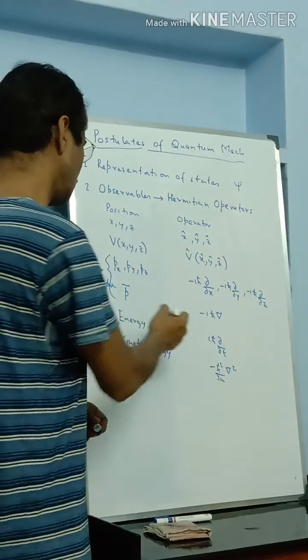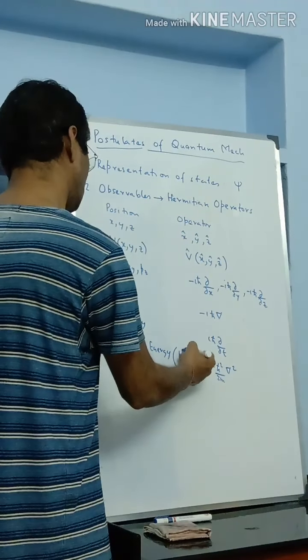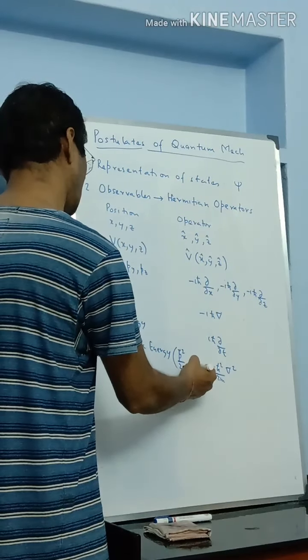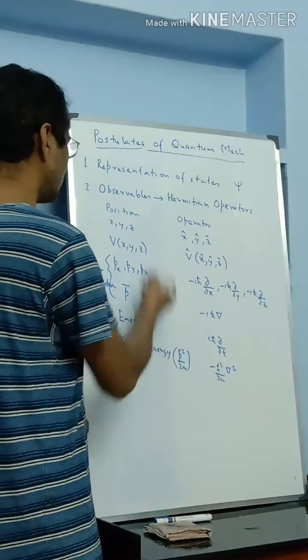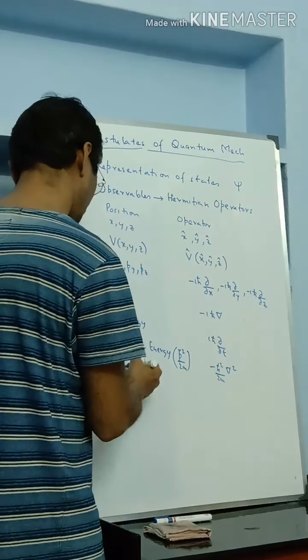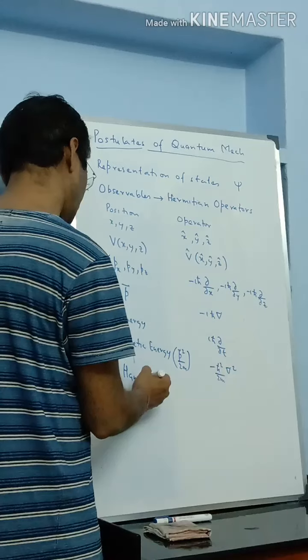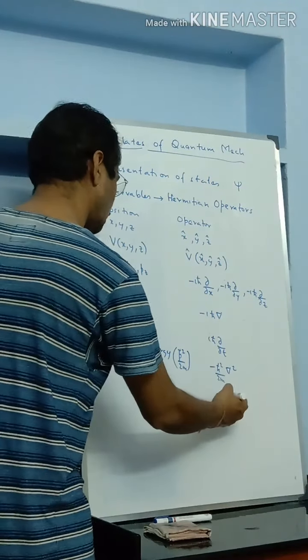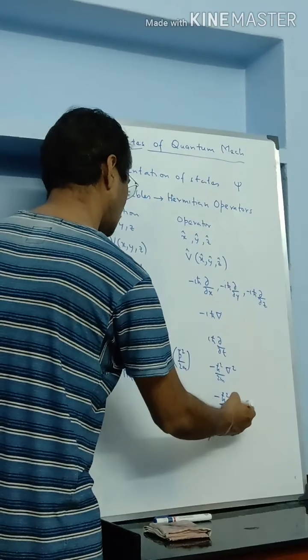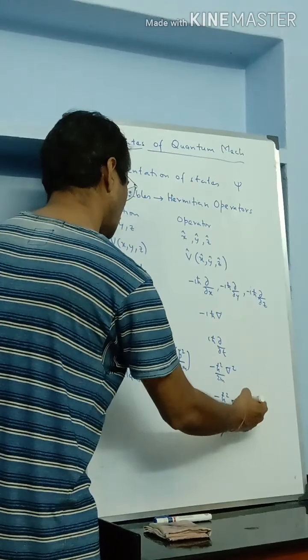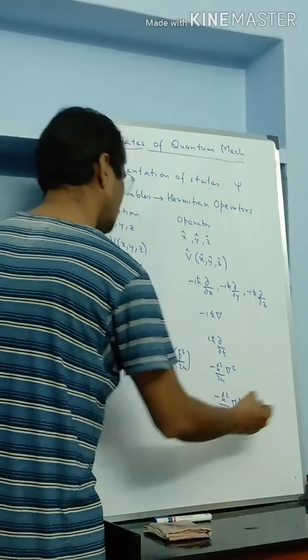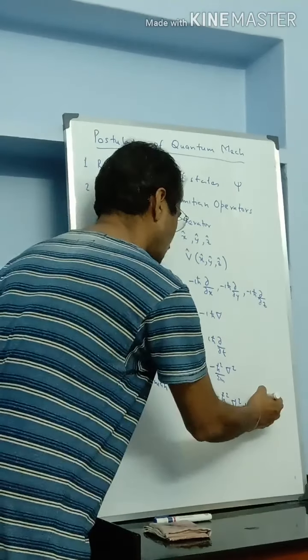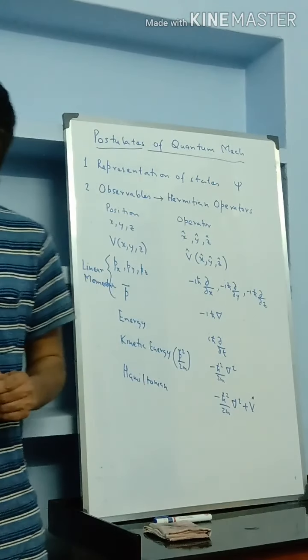Potential energy is V, so the Hamiltonian can be written as the kinetic energy plus the potential energy, which is minus h cross square by 2m del square plus V, which is again an operator, the V operator.